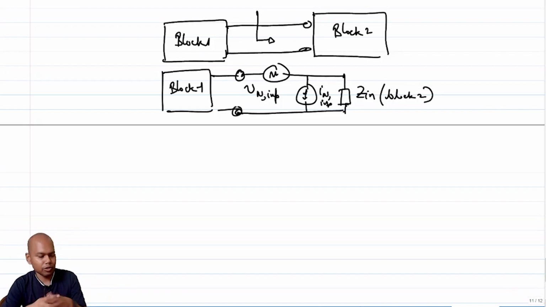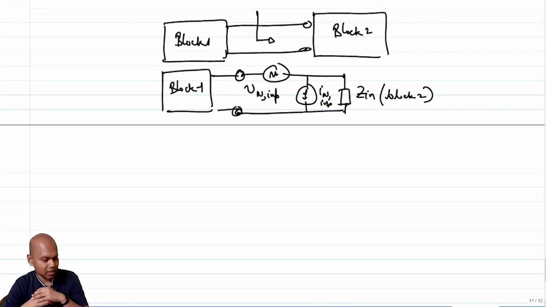When you put RS equal to 0 in this model, you see that the effect of IN goes off. So in many instrumentation amplifiers, when you are doing the input referred noise model, you only see VN INP. But when you go to higher frequencies where nothing is really open and nothing is really short, as we have talked about in the previous lectures, very often you would require the effect of both of these together.